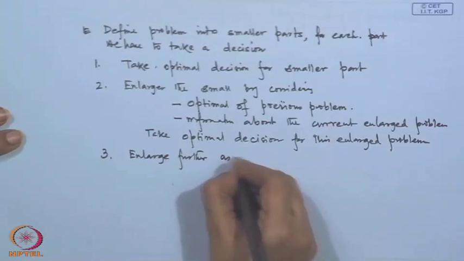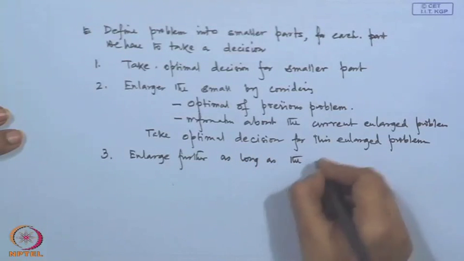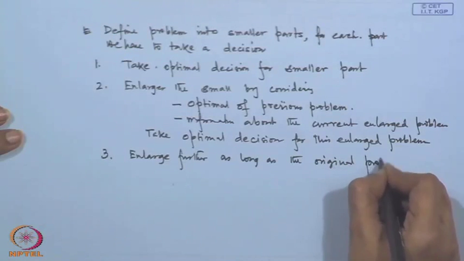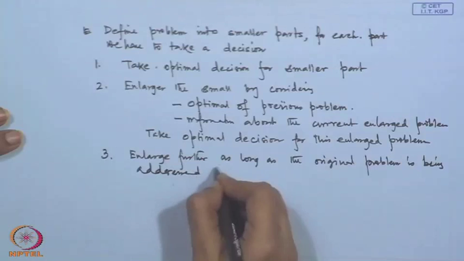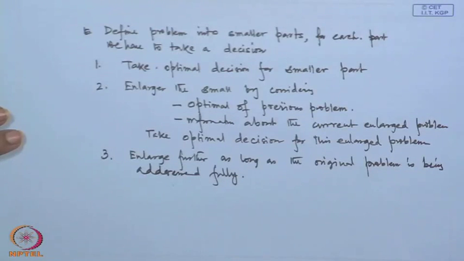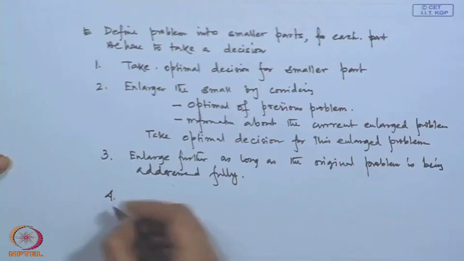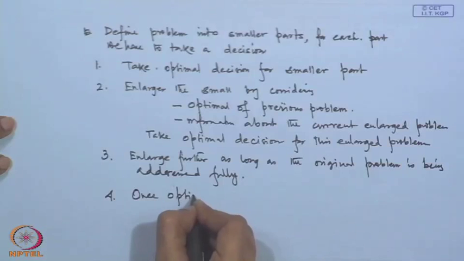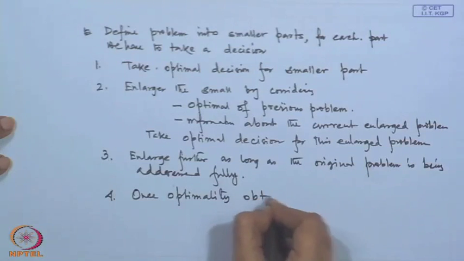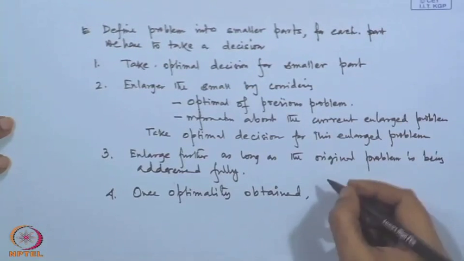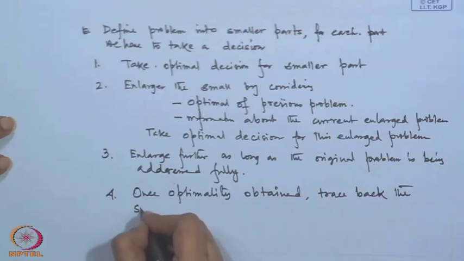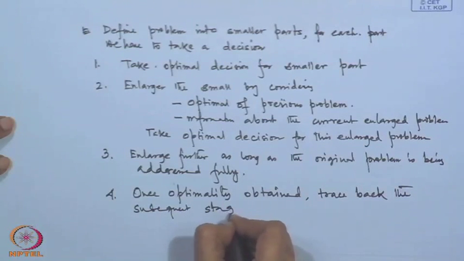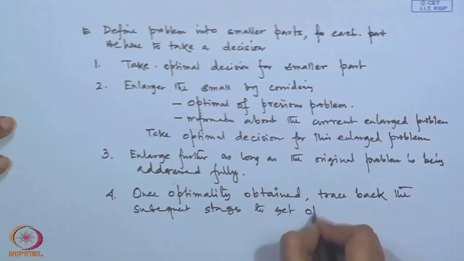We enlarge further until the original problem is fully addressed. Then we take the optimal decision of the last, biggest problem, and once optimality is reached, we trace back through the subsequent stages to get the optimal solution as a whole.